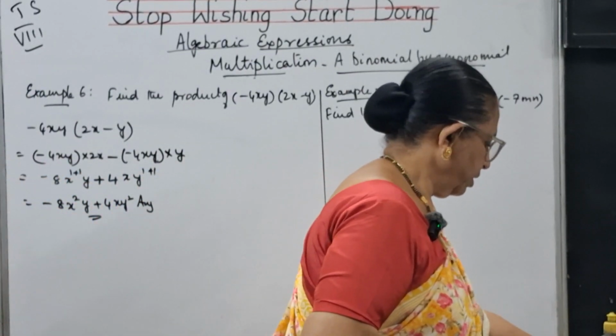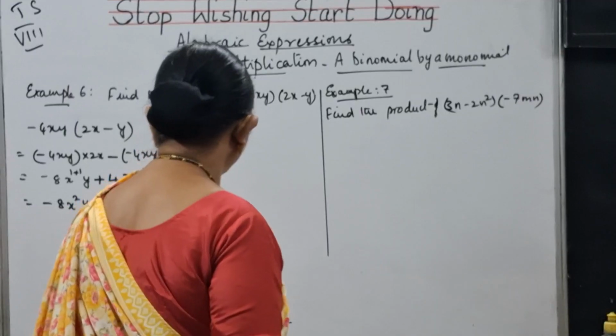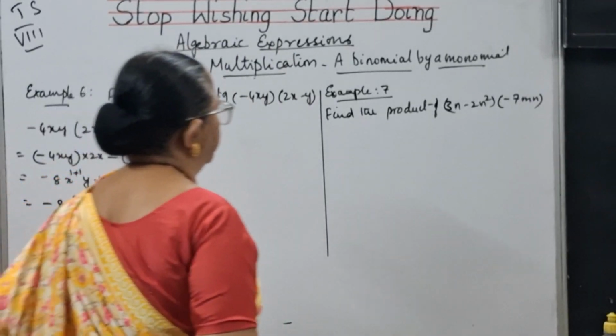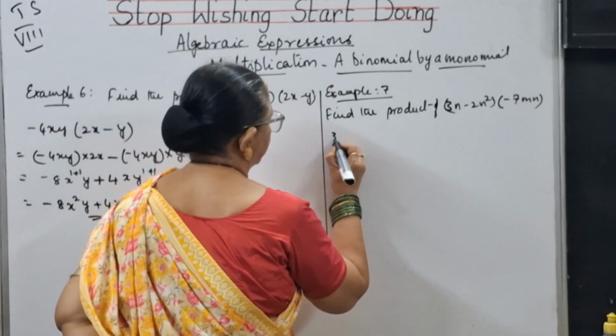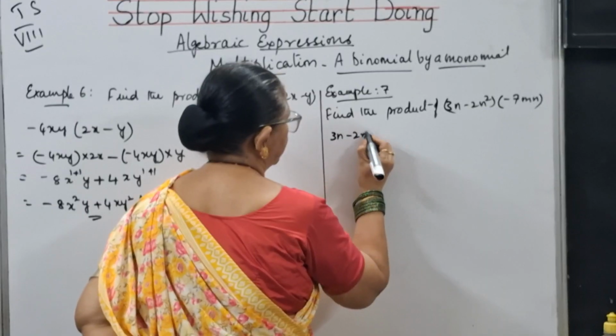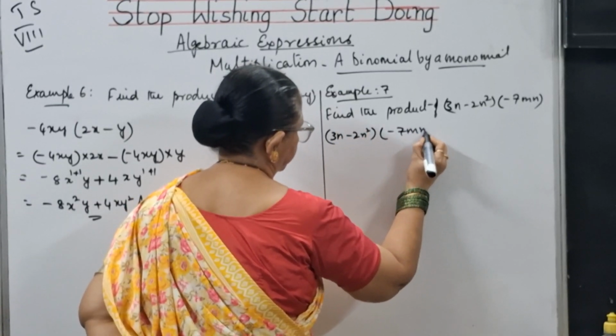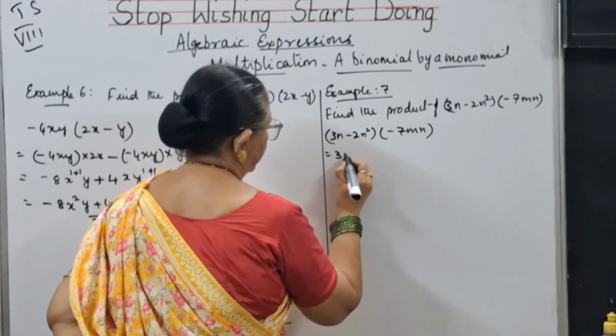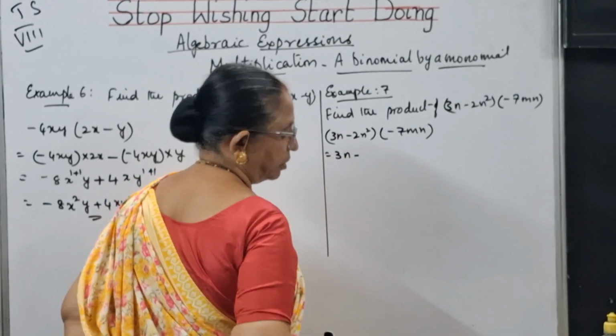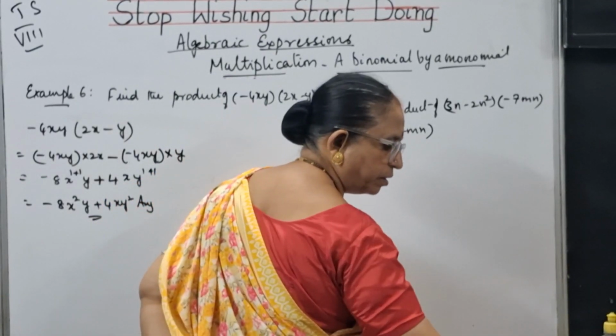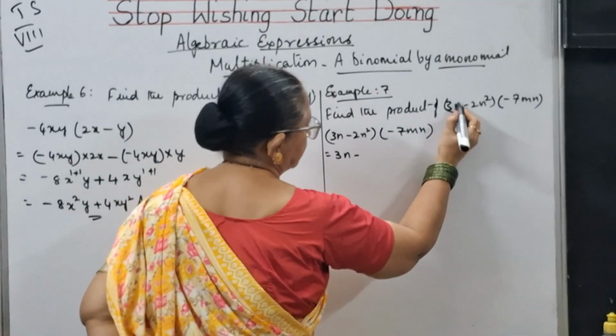Now let me go to the 7th example. It is 3m minus 2n square into minus 7mn. Sorry, this is m.